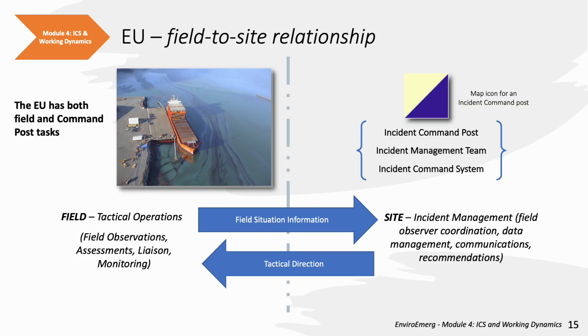Whereas in the field, this is where members of the environmental unit could become field observers, undertaking assessments, liaising with operations, and monitoring performance. The objective really is to link field and site together by creating a common operational picture, by bringing in field situation information and, going through operations and unified command, determining tactical directions.